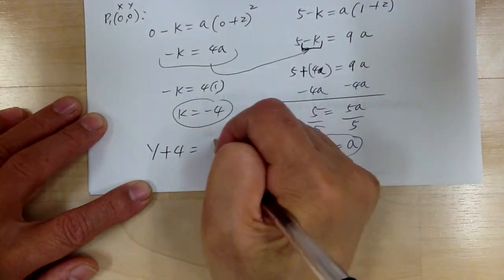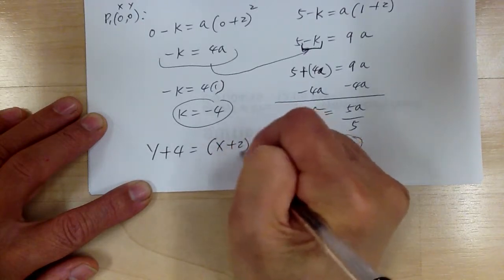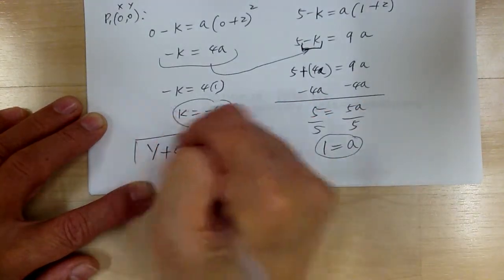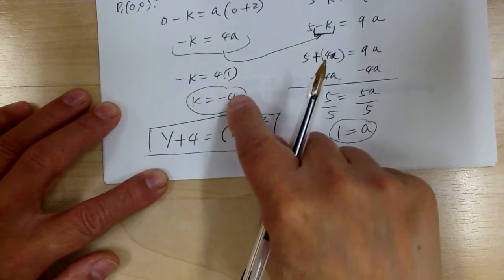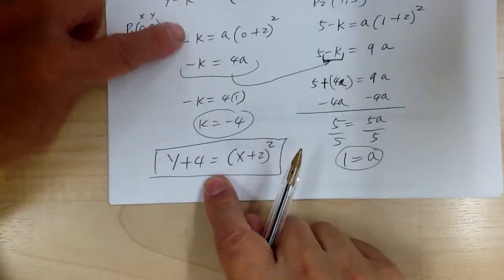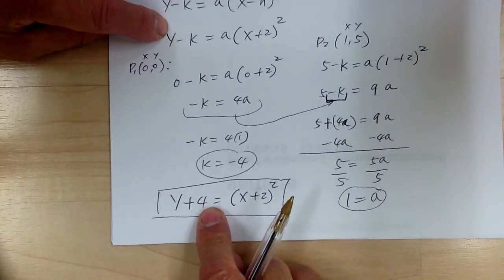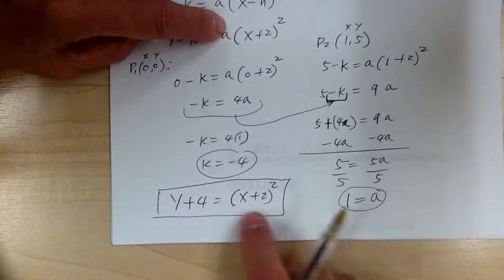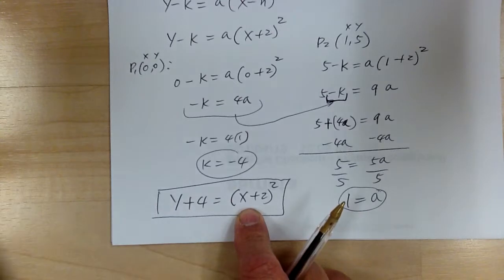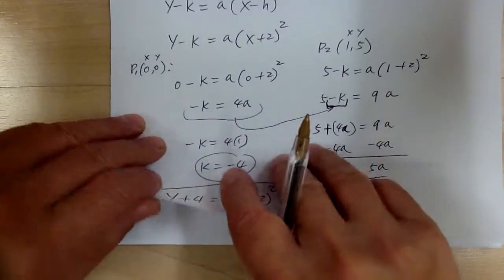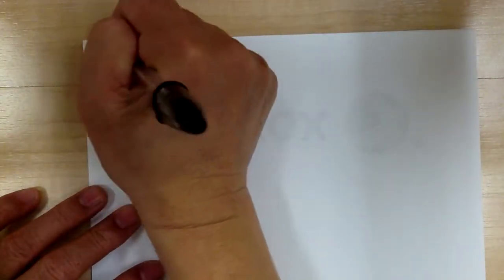A is 1, so I don't have to write anything. So this would be the equation. So k equals negative 4 and a is 1. So that's my equation. Okay, let's go to 25.